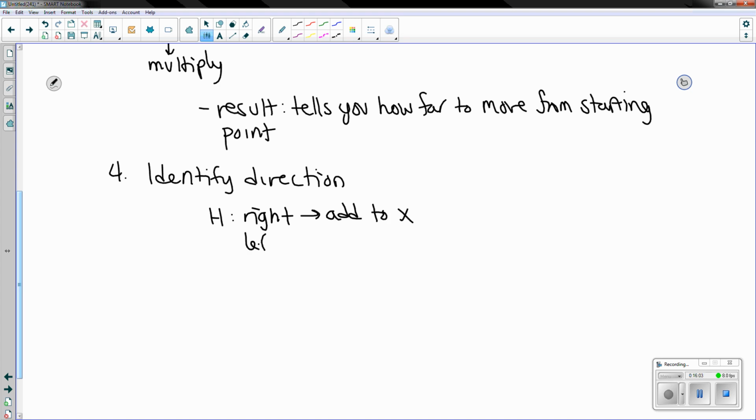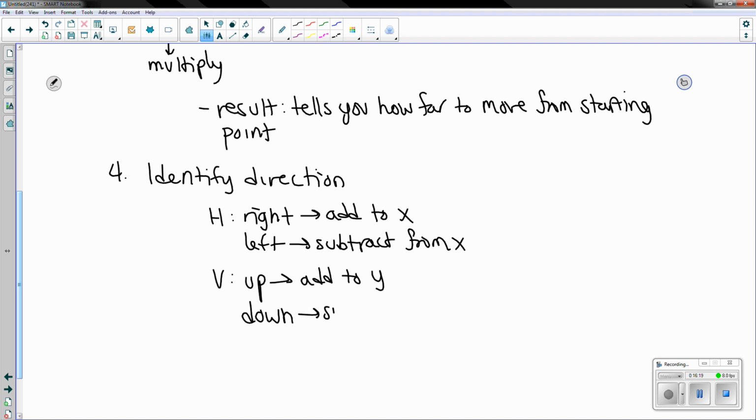And if you're moving left, you need to subtract whatever value you found in step 3. And then for vertical, if we're moving up, we're going to add to y. And then down, we're going to subtract from y. What value are we subtracting? Whatever value you found when taking the portion of the total in step 3.